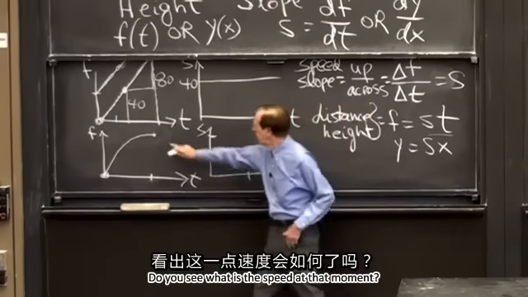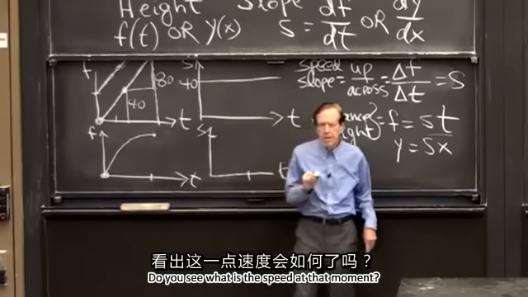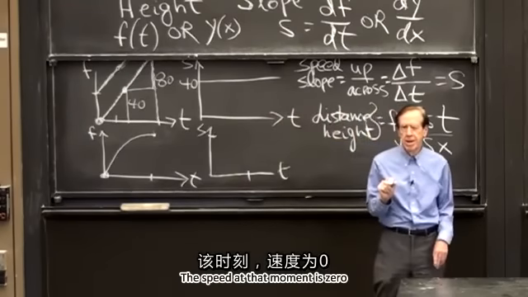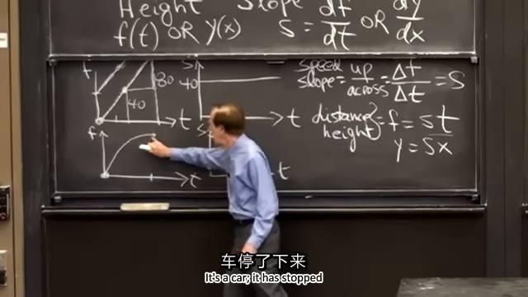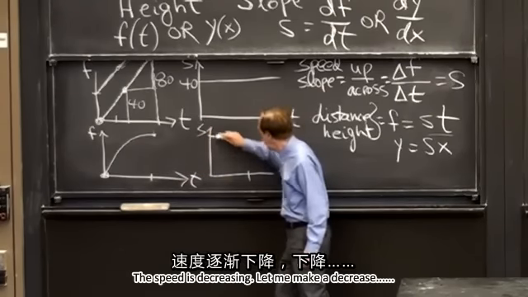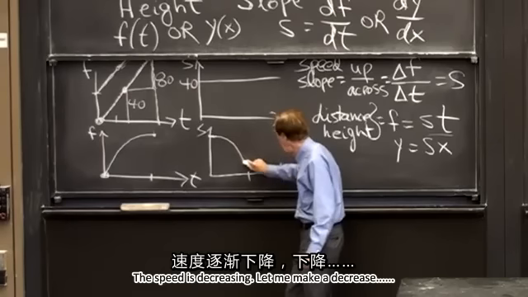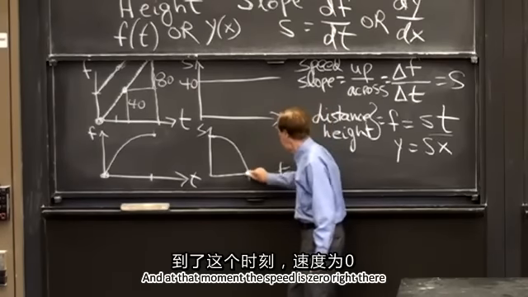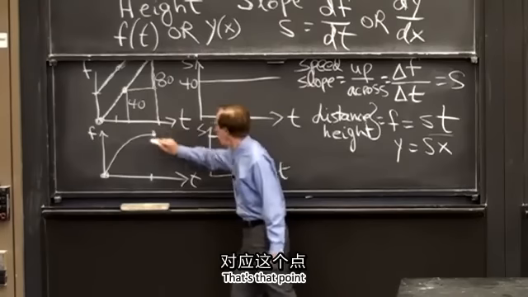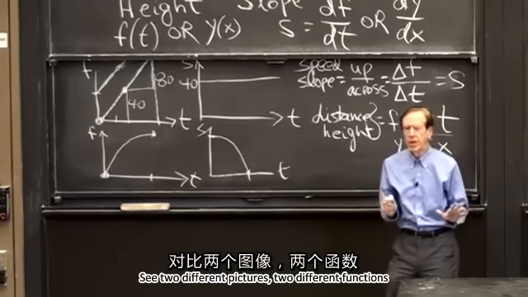Do you see what is the speed at that moment? The speed at that moment is 0. The car has stopped. The speed is decreasing. Let me make it decrease, decrease, decrease, decrease. And at that moment, the speed is 0 right there. That's that point.